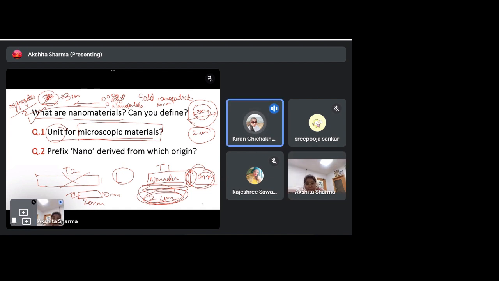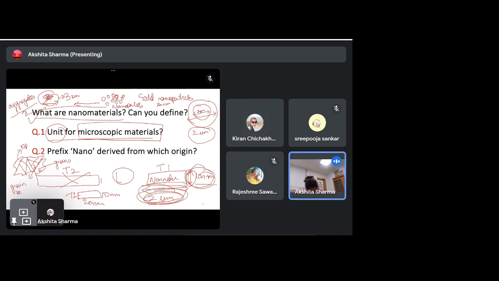Let me explain grain size. We have some irregular nanoparticle, and inside the nanoparticle there are a lot of defects, and it is divided into various grains randomly, like this. This is a nanoparticle, these are grains, and the line which differentiates one grain from the second grain is called the grain boundary.